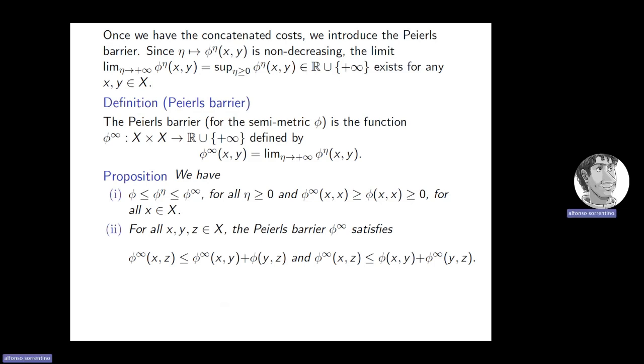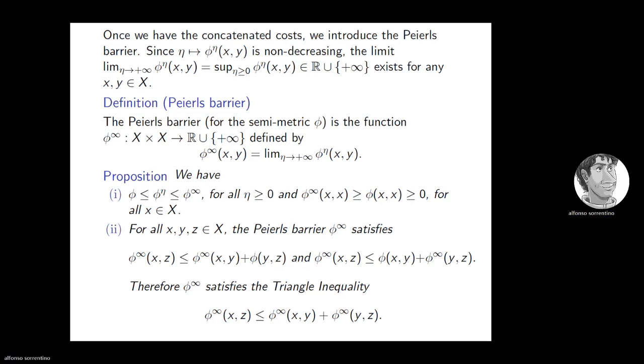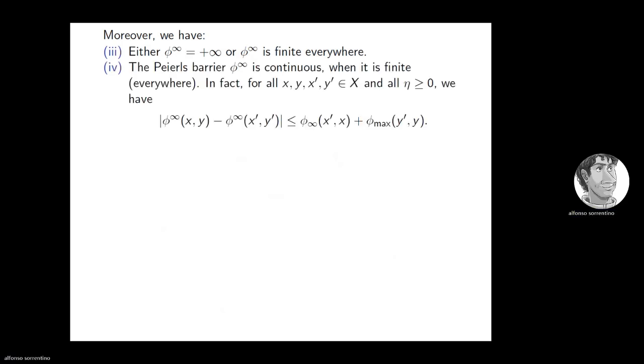It satisfies mixed triangle inequalities. And therefore, if it satisfies this inequality, because phi is less than phi infinity, it satisfies the triangle inequality. And moreover, we have either phi infinity is plus infinity everywhere, or phi infinity is everywhere finite.